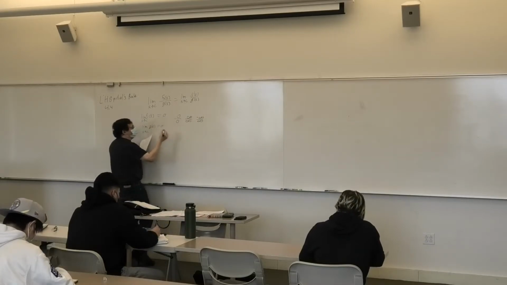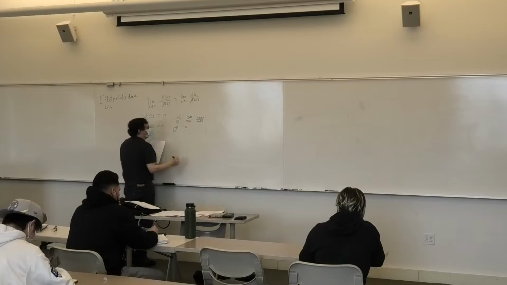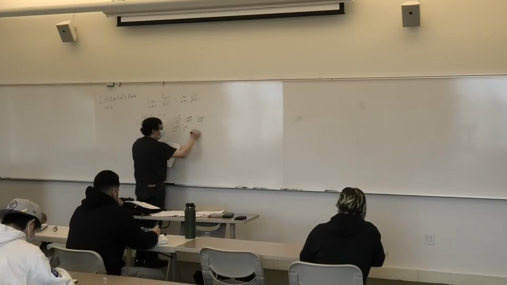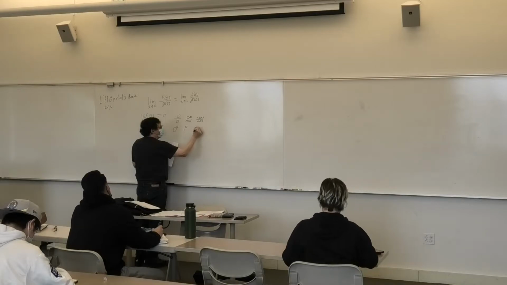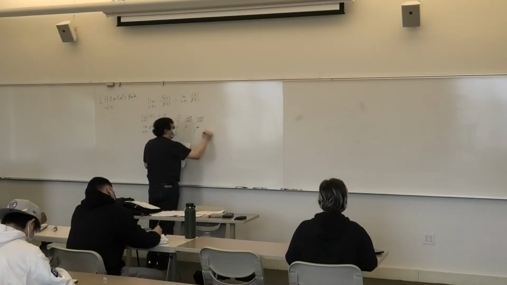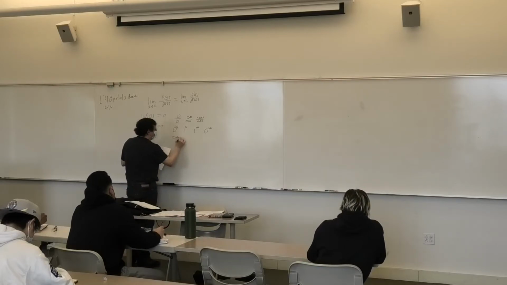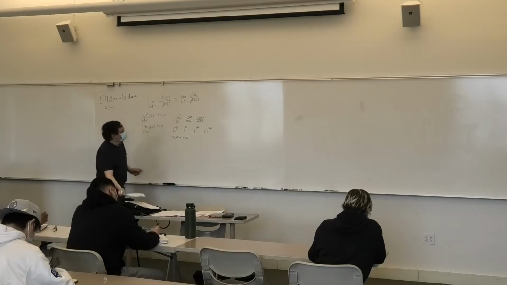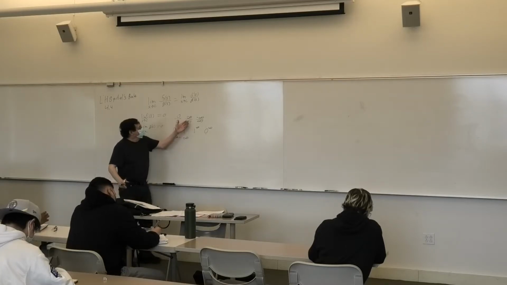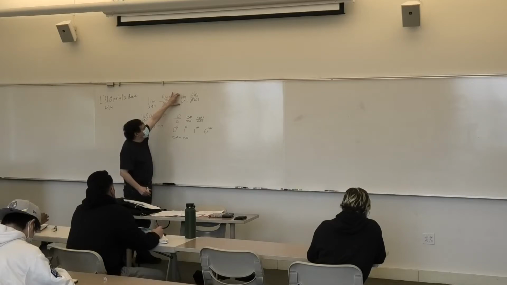We're going to look at some more interesting ones: 0 to the 0, 1 to the infinity, 0 times infinity, infinity minus infinity. These are not numbers. Do not confuse them with numbers. These are just something that the limit is going to.